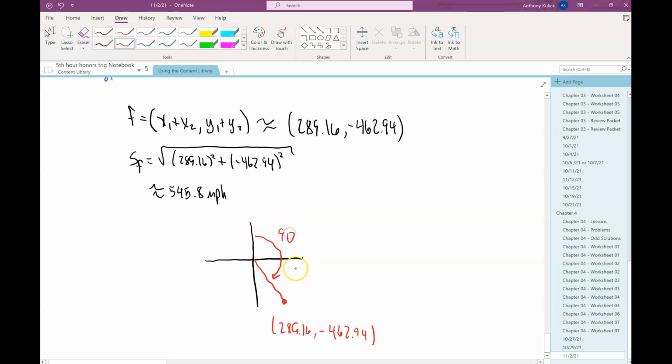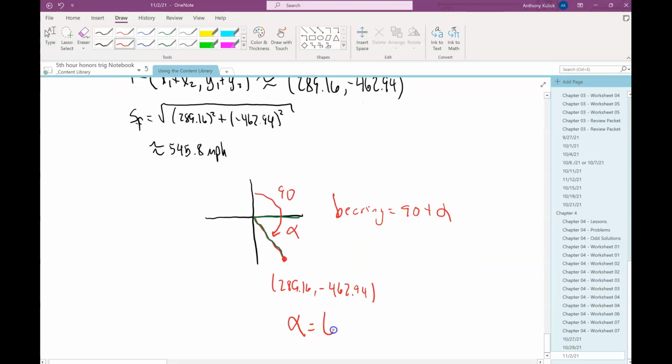So I have 90, and then this piece is alpha. So 90 plus alpha, right? Where my alpha is always tan inverse absolute value y over x.